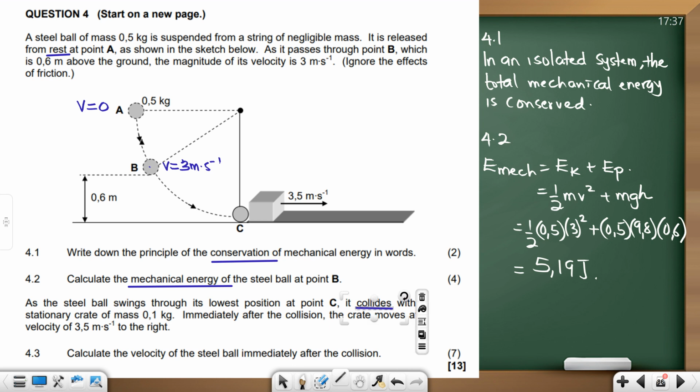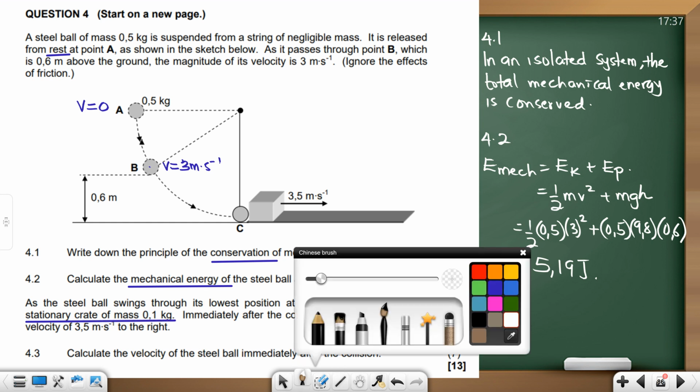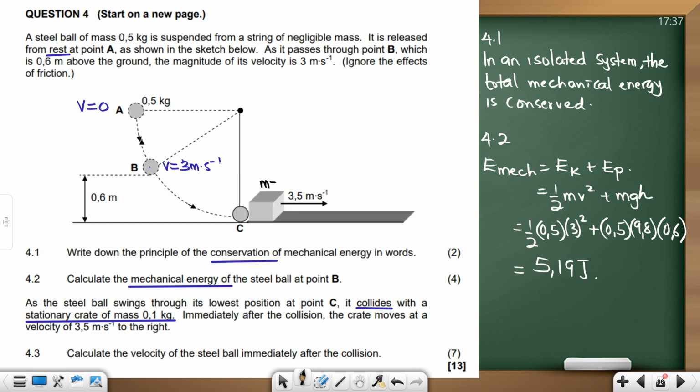We are now on momentum. A stationary crate of mass 0,1. The crate is stationary. Mass is 0,1 kg. Immediately after the collision, the crate moves at a velocity of 3,5 meters per second to the right.